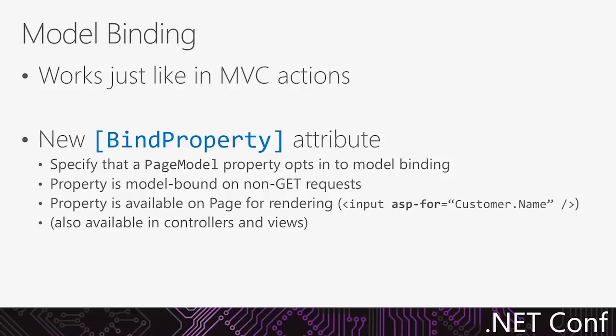Now, one of the reasons why this is handy is that this property is available on the GET request, even though it's not using model binding. And that means that your page can use it for rendering. So you can see in the slide here, I have an input asp-for="Customer.Name" shown here. That is using a property on the page called Customer, and I can use the asp-for tag helper to create the input that corresponds to Customer.Name.